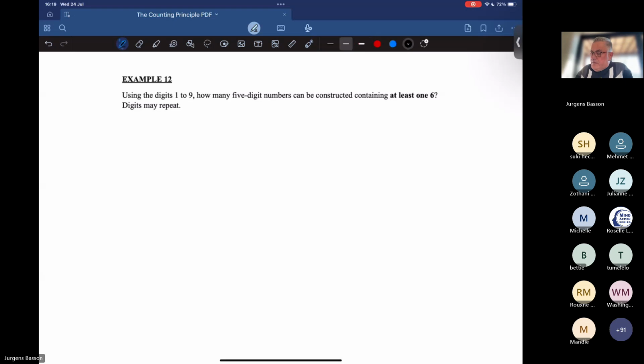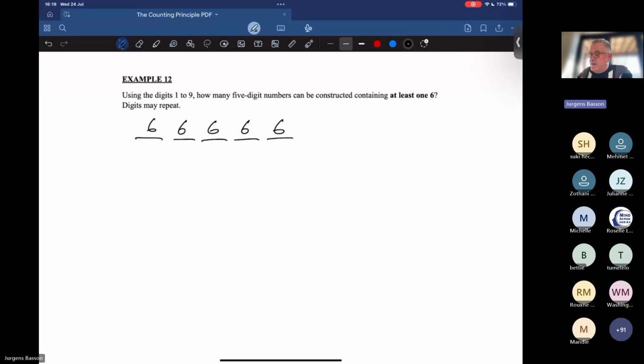Now, the meaning of this at least 1 6, you will agree with me, what we are looking for is 1 6, or 2 of them, or 3 of them, or 4 of them, or 5 of them. So there can be 1, 2, 3, 4, or 5, because it's at least 1.